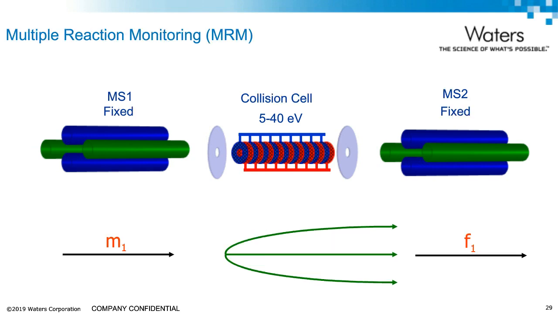Last but certainly not least, multiple reaction monitoring is a non-scanning mode used for high sensitivity analysis of target analytes and is the primary method of data recording used by tandem quad mass spectrometers for quantitative analysis.